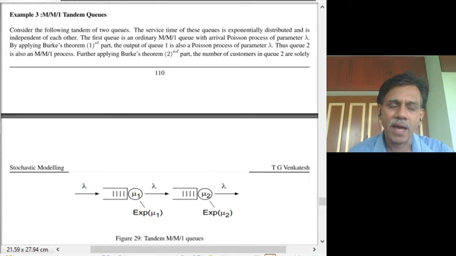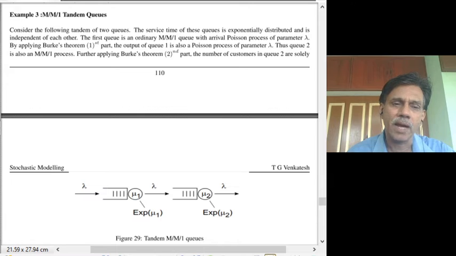The arrival of customers to Q1, and of course the service, is not dependent upon the behavior of Q2. Therefore, Q1 itself is an independent MM1 queue.